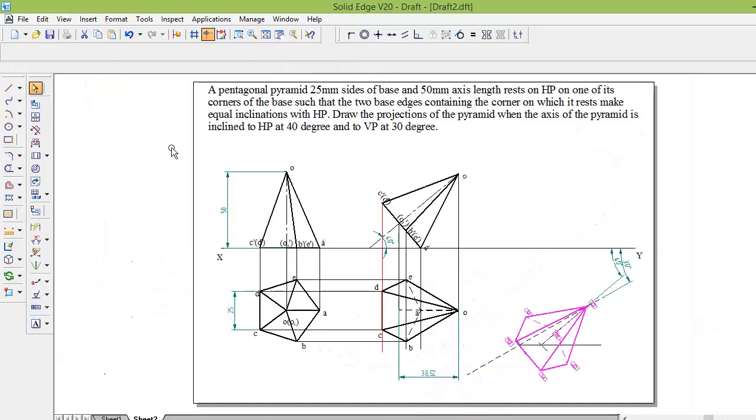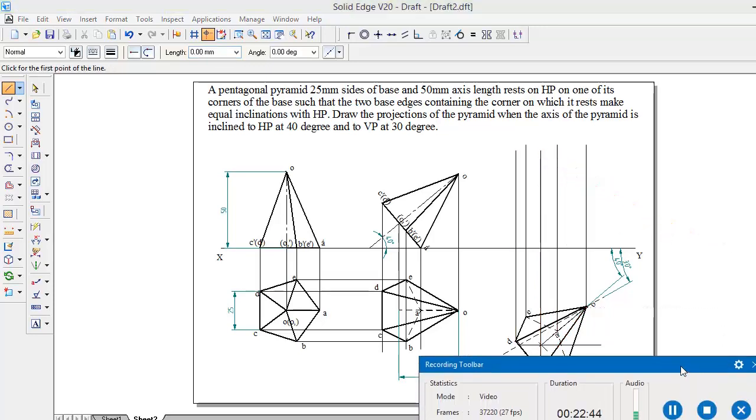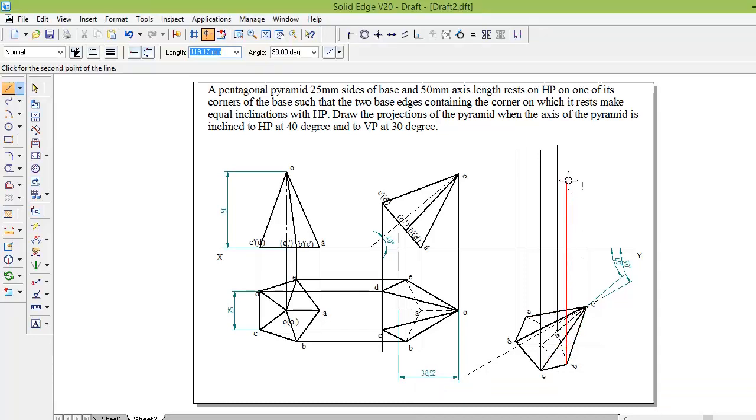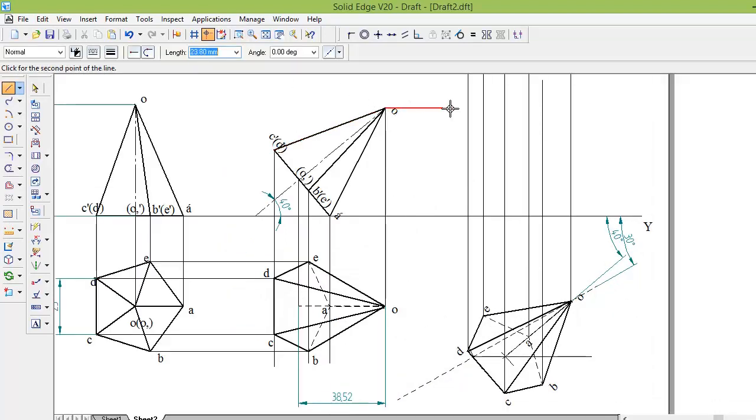Okay, so next is again projection lines. C and D here.